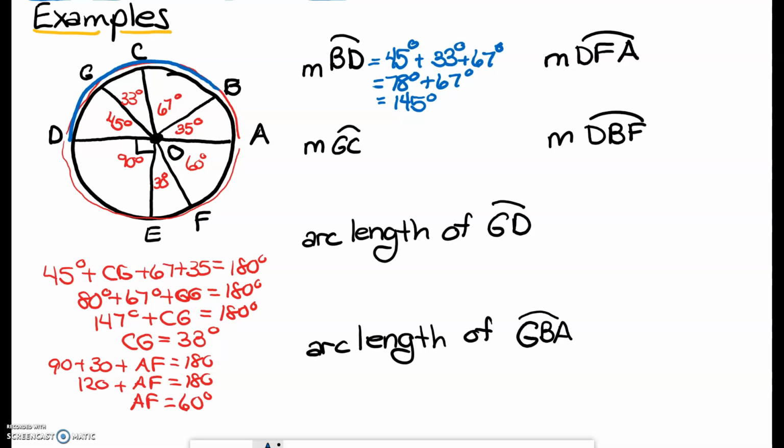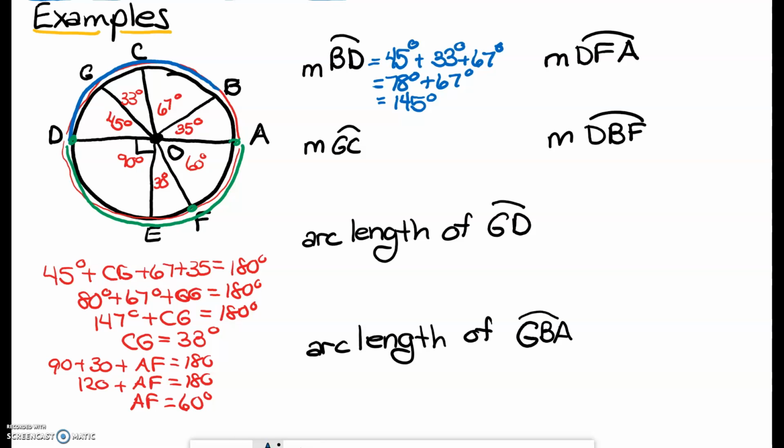So how about DFA? Well, when we have three letters, we have to follow in the exact order that they're given. So I have to go from D to F to A in the same direction. So here's D, here's F, here's A. So I know I'm going this way. So this is a semicircle.